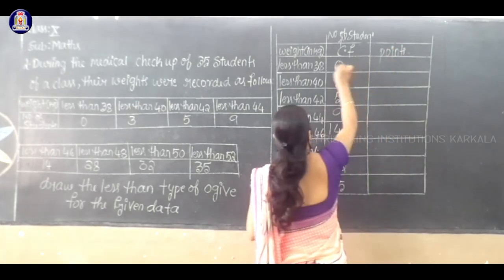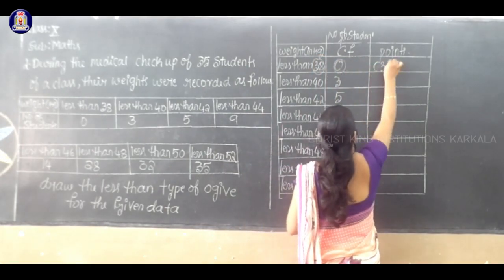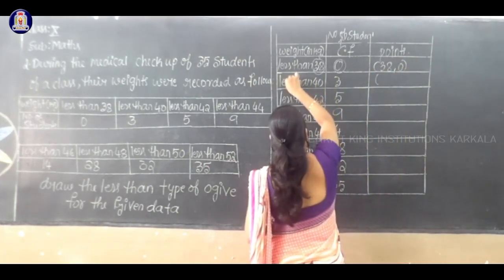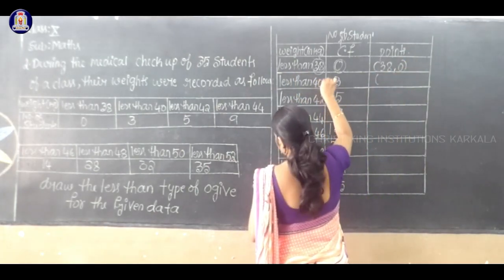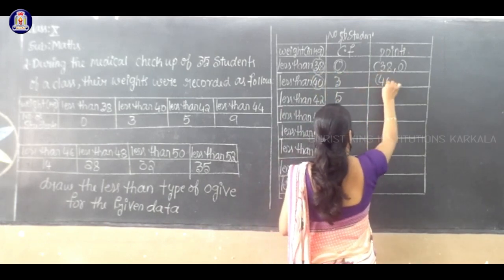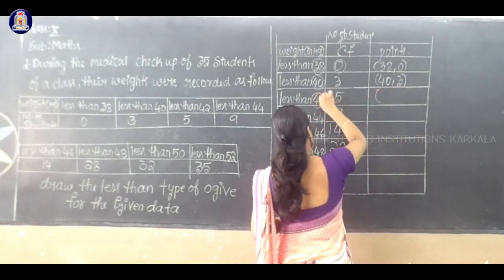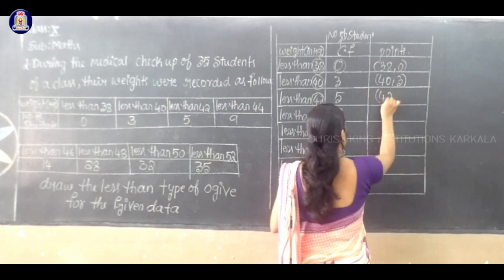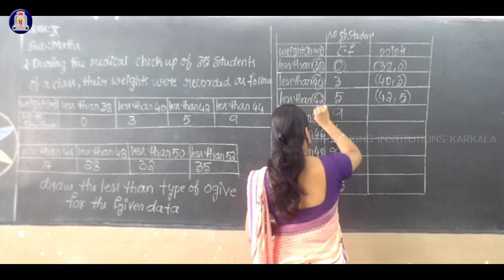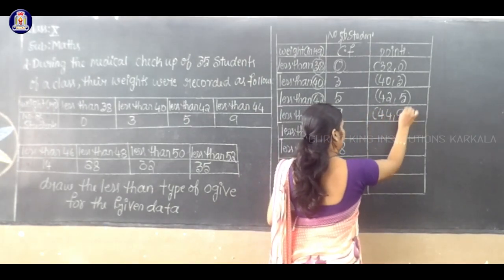Okay, so which are the points? First one 38, 0. Next, second point, less than 40 means this 40 must be upper limit. So 40, 3. Next 42, 5. Next point 44, 9.